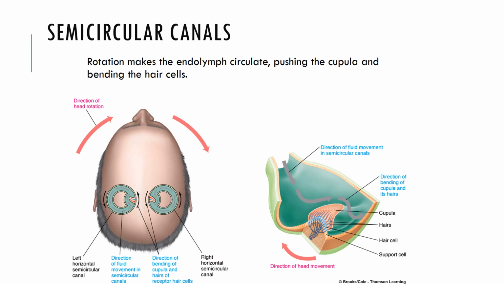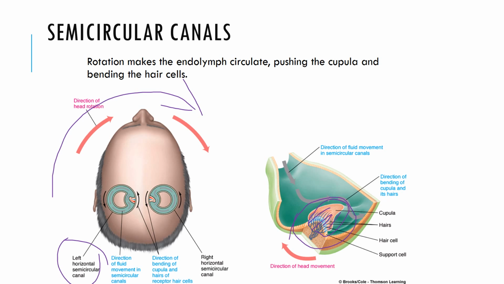So here we have our example of an ampulla, and here would be the cupula where we have those stereocilia projecting. And again, as we rotate our head, what we have are different rotational activations of our semicircular canals.